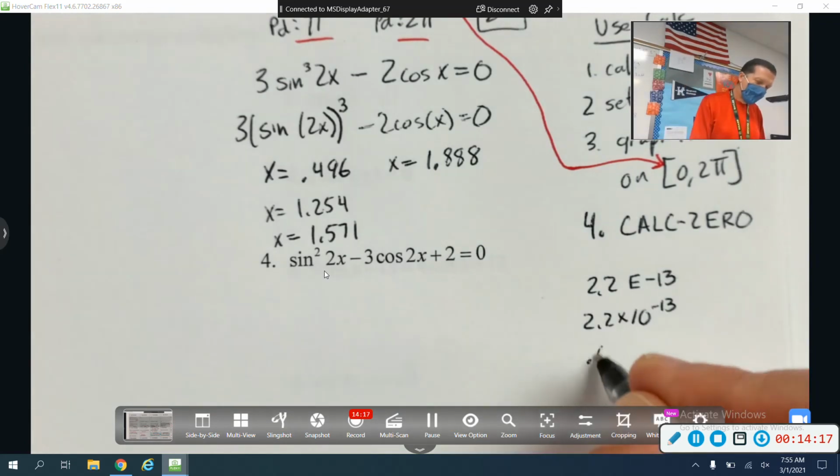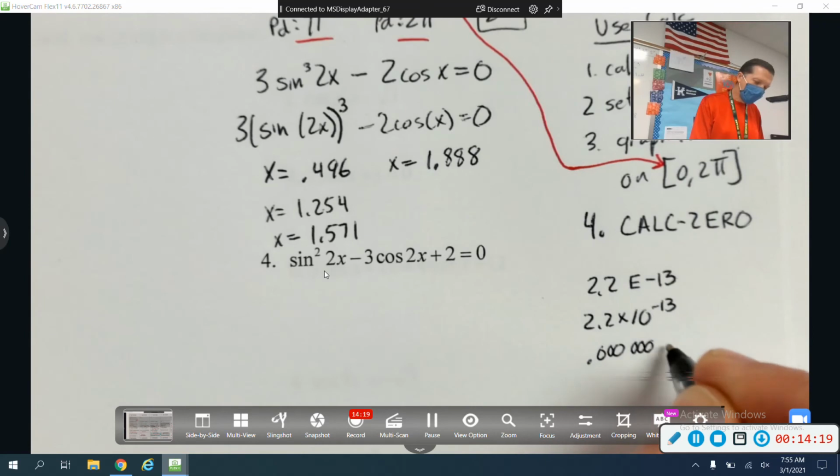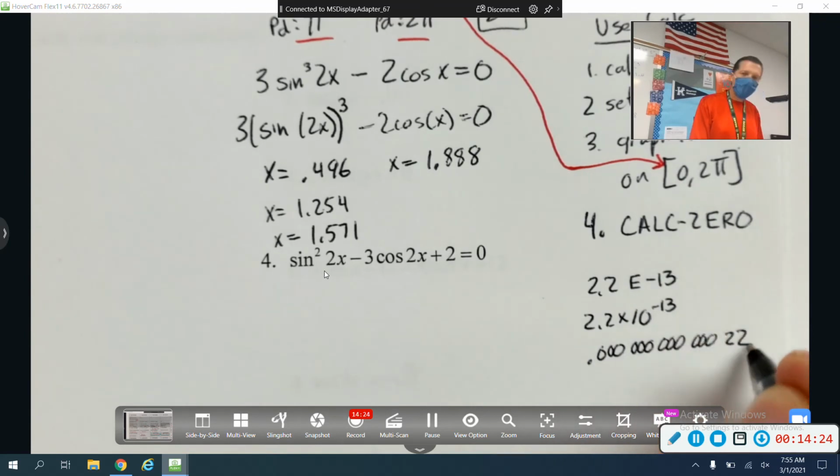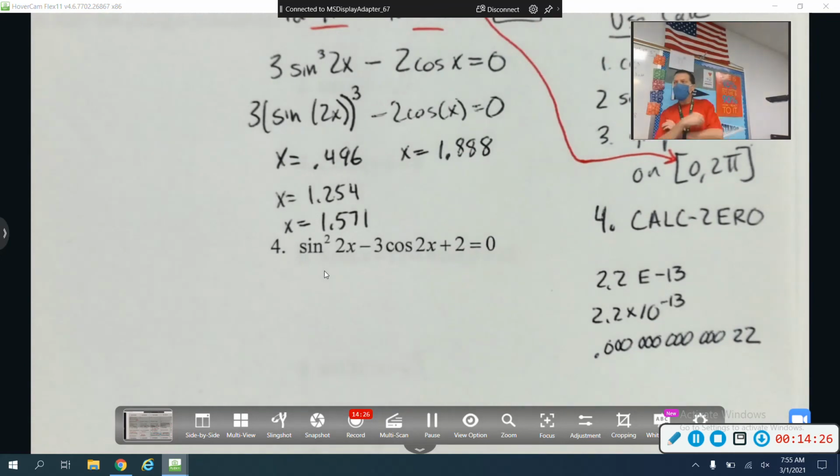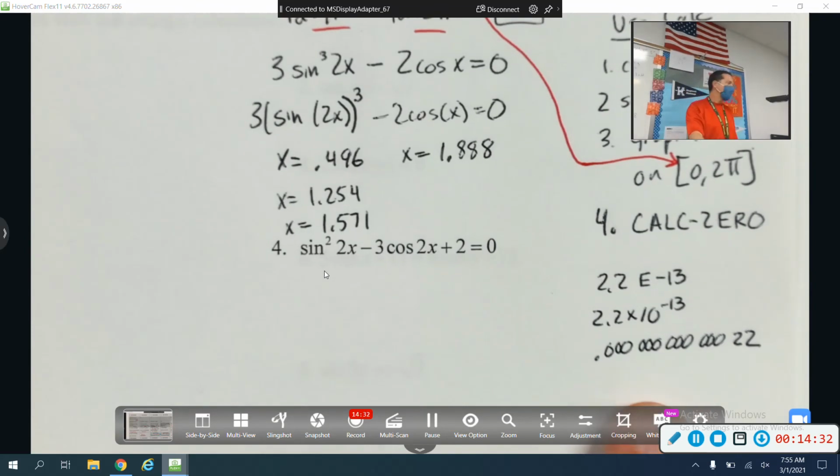Right. 1, 2, 3, 4, 5, 6, 7, 8, 9, 10, 11, 12 zeros, then 2, 2. Depending on what calculator you have, it may get you to 0, and some of them don't. But if we're concerned with accuracy to 3 decimal places, well, that's pretty darn close to 0, right?